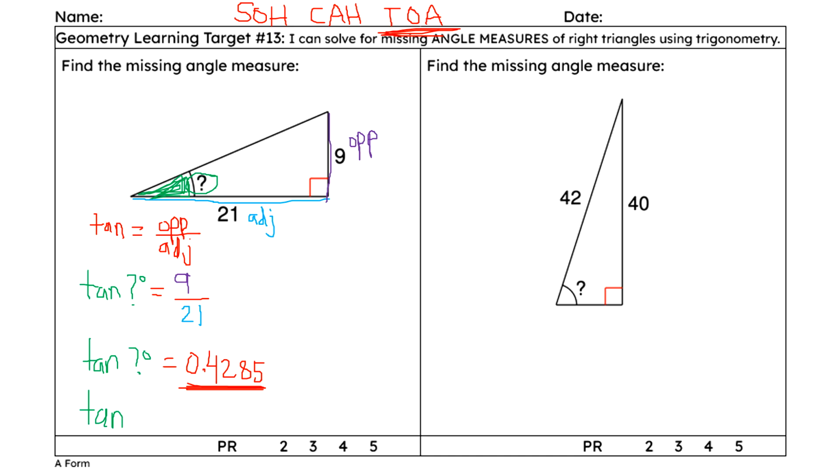That's as close as I can get. For 22 degrees, it's 0.4040. That's far away. And for 24 degrees, it says 0.44. So the closest I can get, I'm going to be approximating here, is 23 degrees. So the tangent of 23 degrees is equal to 0.4245.